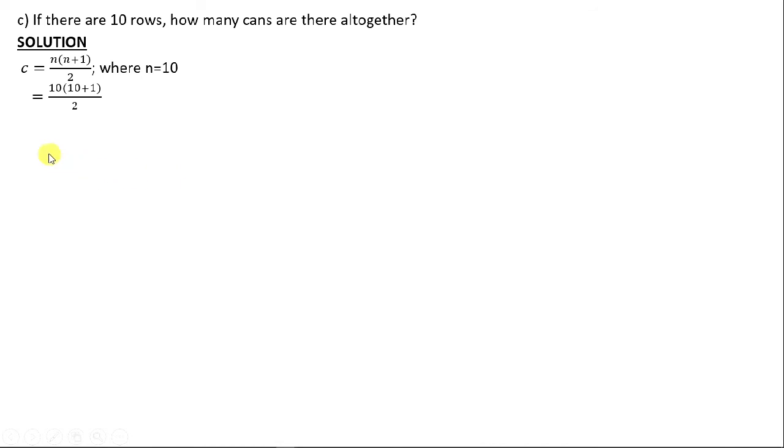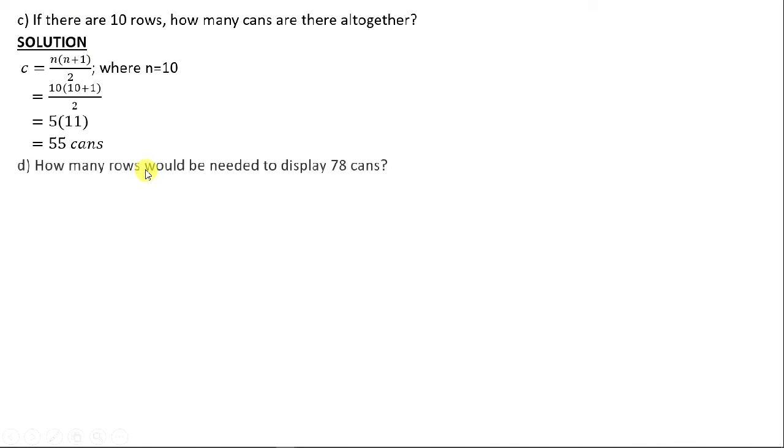So we are saying C is equals to 10, open your brackets, 10 plus 1 divided by 2. So if you multiply 10 times 10, you are going to get 100. 10 times 1 will give us a 10. So we have 110. Divide 2 into that, you are going to get 55 canes. So the number of canes in 10 rows is 55 canes.